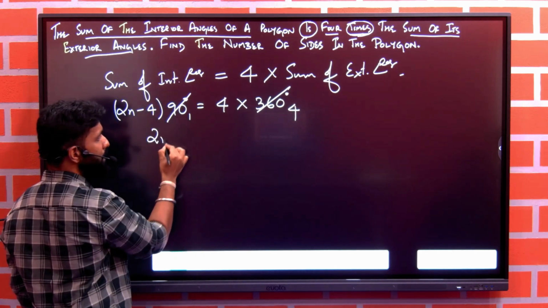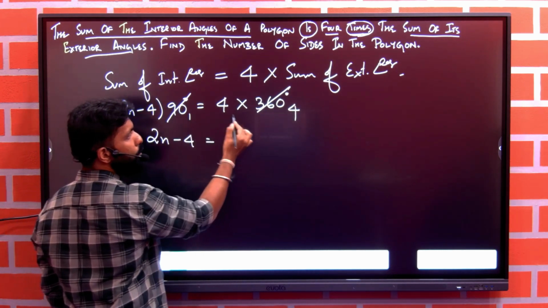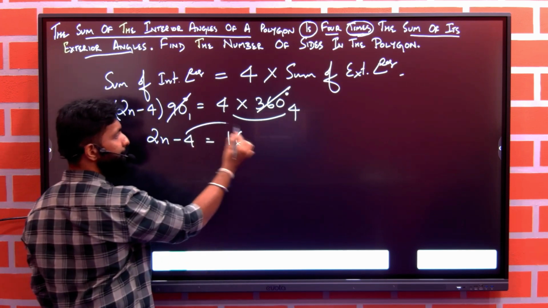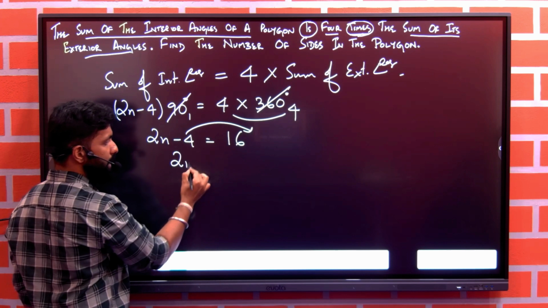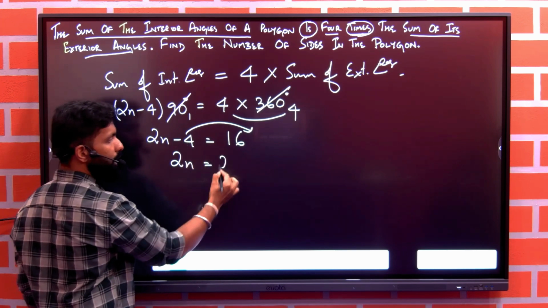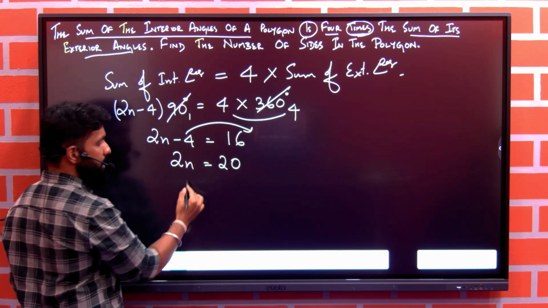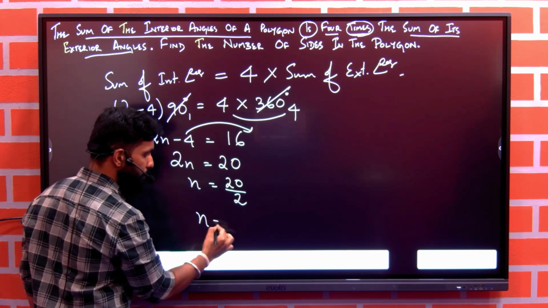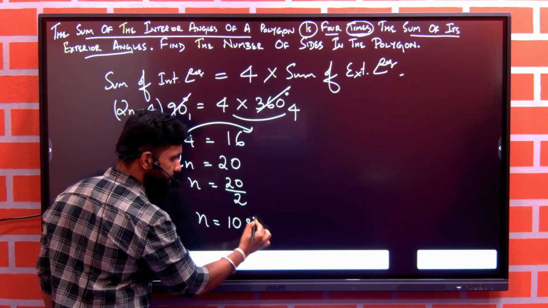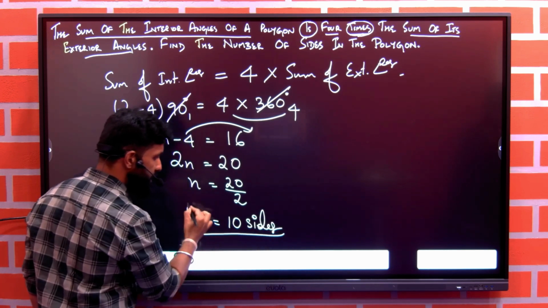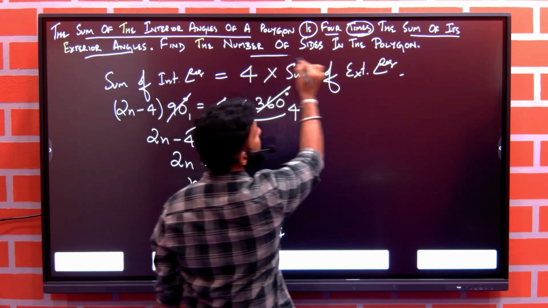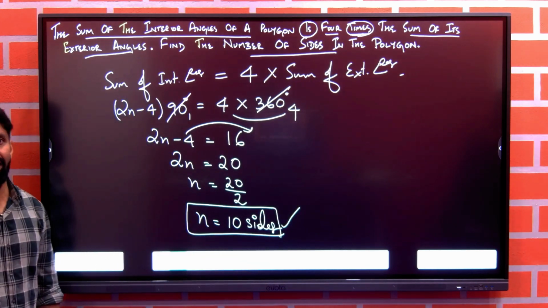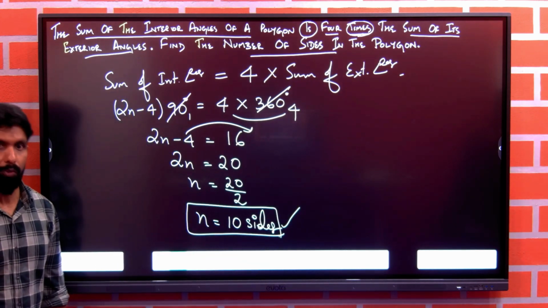So I have 2n minus 4 is equal to 4 times 4 becomes 16. So if I shift the 4 to the right side, 2n is equal to 16 plus 4 is 20. So n is equal to 20 by 2. So n becomes 10 sides. And have we completed the question? Yes. Find the number of sides in the polygon, and we have got the number of sides as 10 sides, right? I hope you understood whatever I did here.